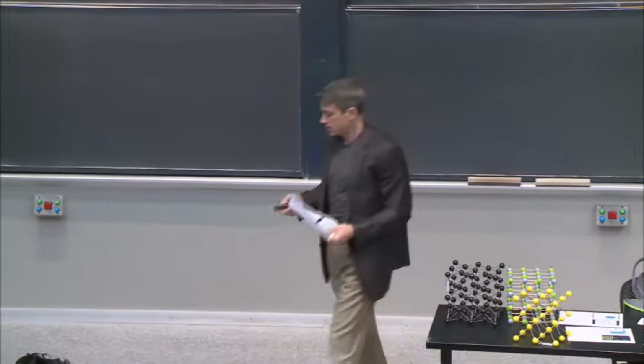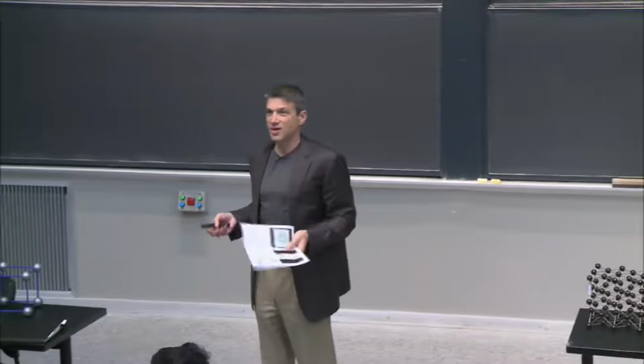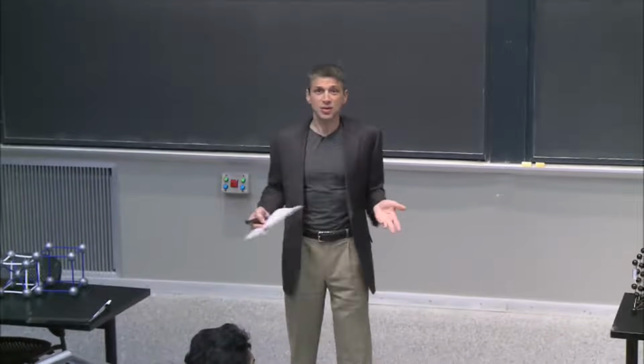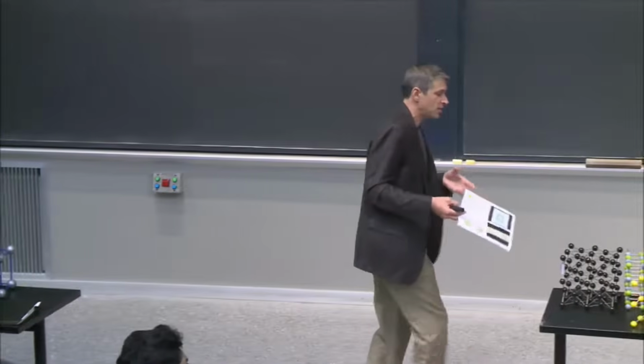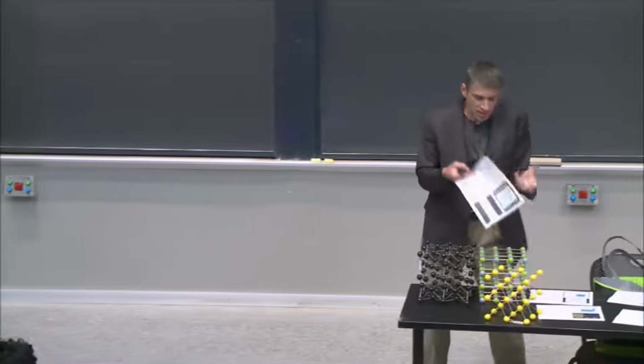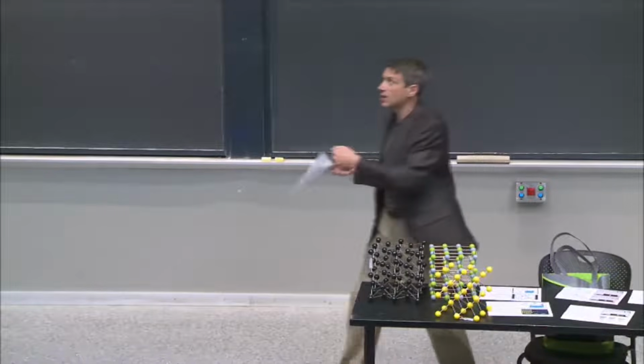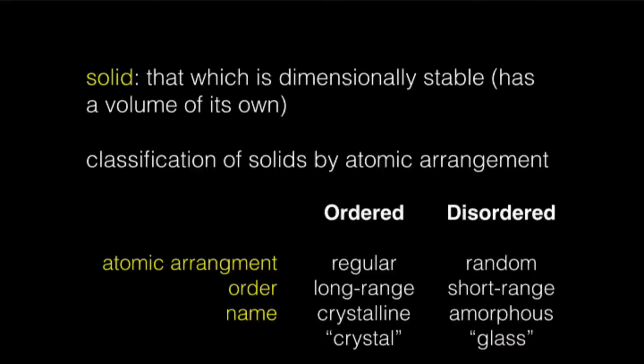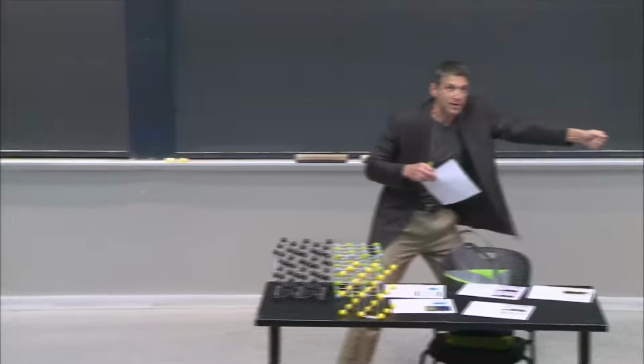Now, there are also solids that you can make where there isn't order. Or maybe there's some, but not much. So things are kind of jumbled up. They're not regularly repeating. They might be random in the atomic arrangement, or maybe there's repetition, but it's very short range. So things look ordered, but only for a few bond lengths, not 10 to the 23rd bond lengths.